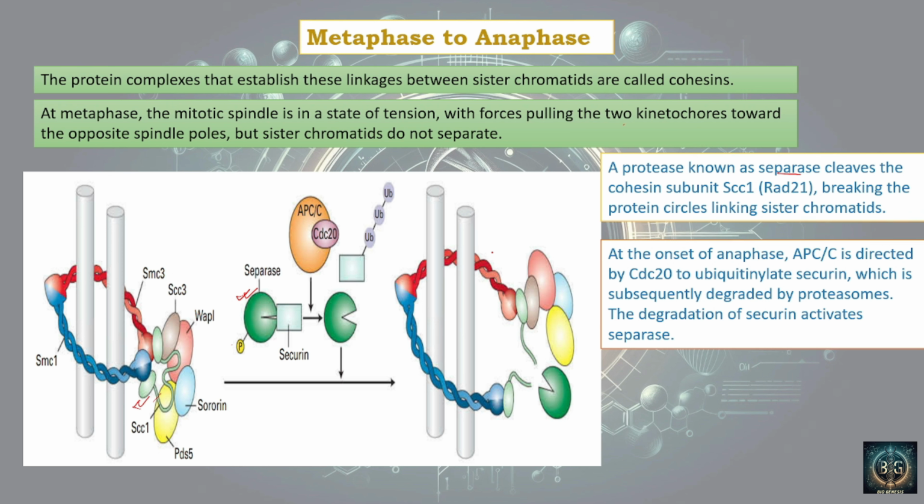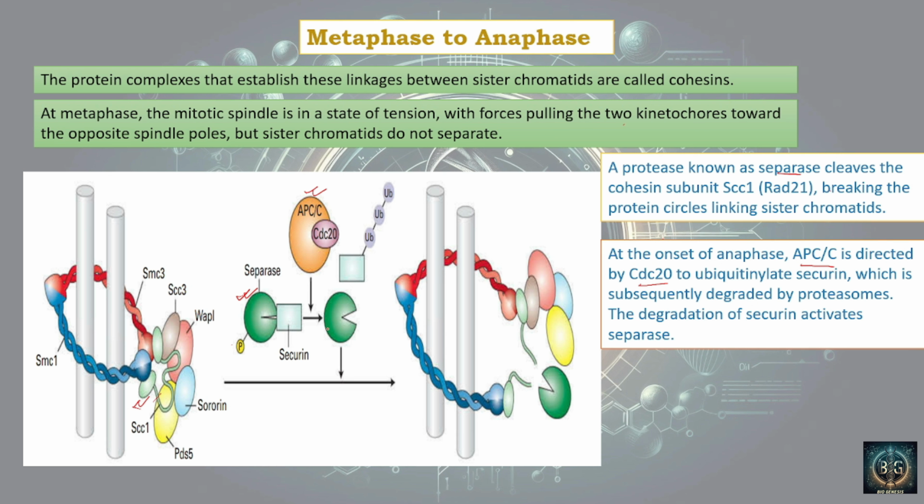At the onset of anaphase, that means when metaphase is about to end, APC/C, it is a complex, APC/C directed by CDC20. The APC/C and CDC20 complex is recruited and it ubiquitinylates securin.